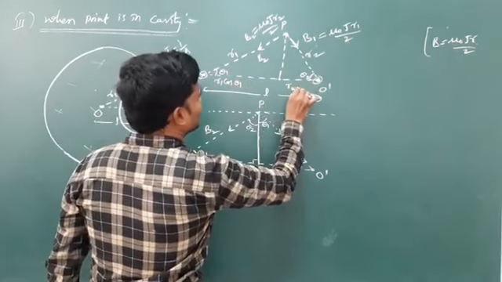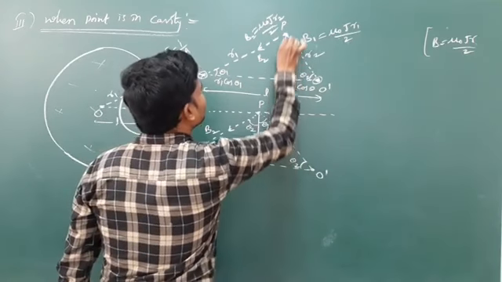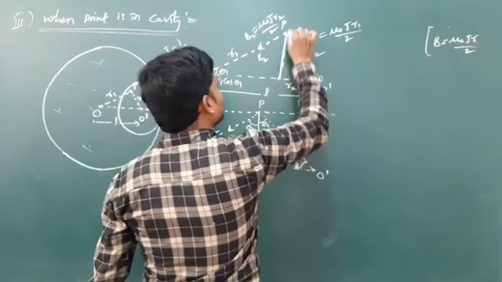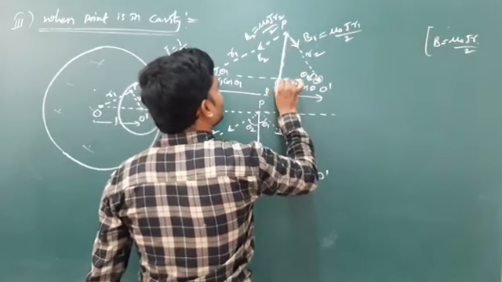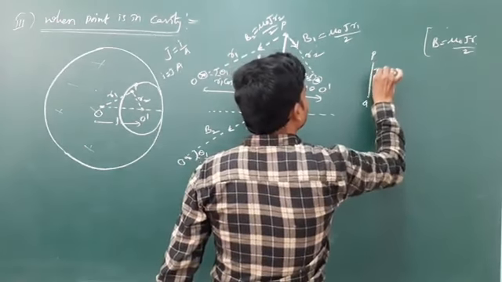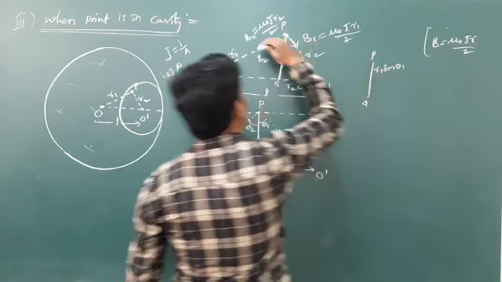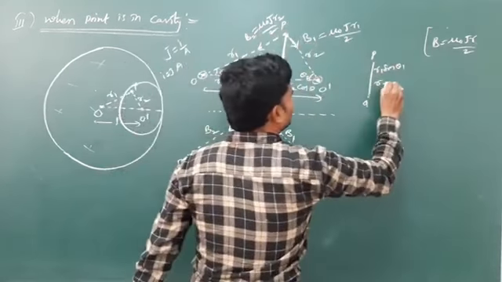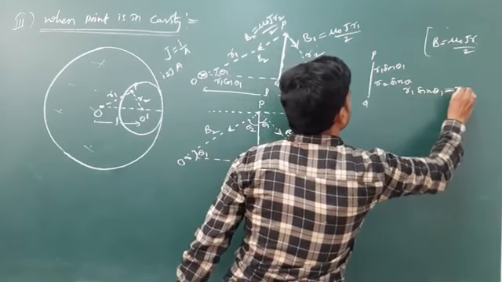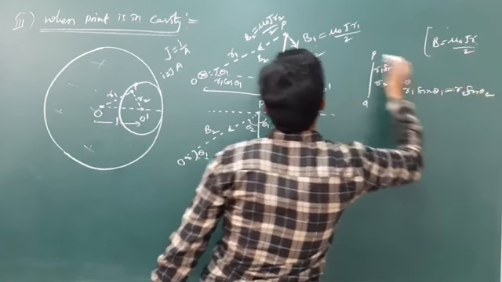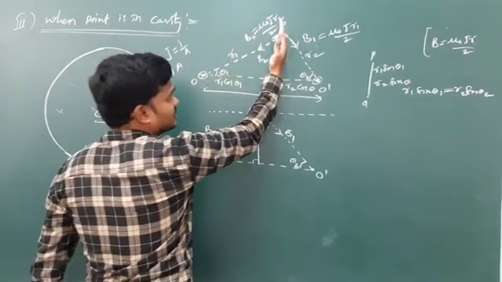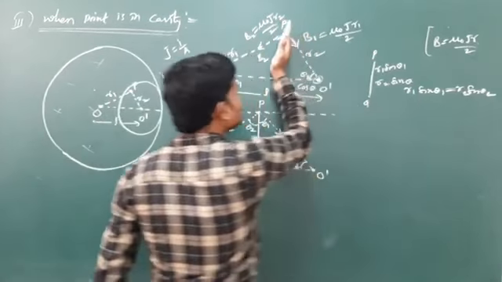This one is R2 cos theta 2, and this line PQ is R1 sin theta 1, of course also R2 sin theta 2.